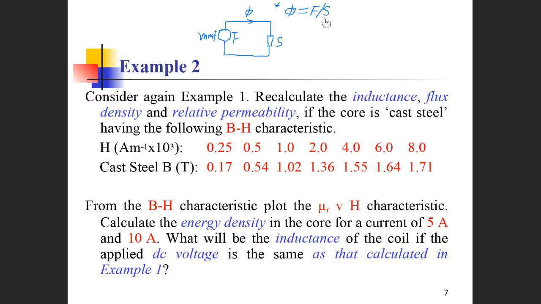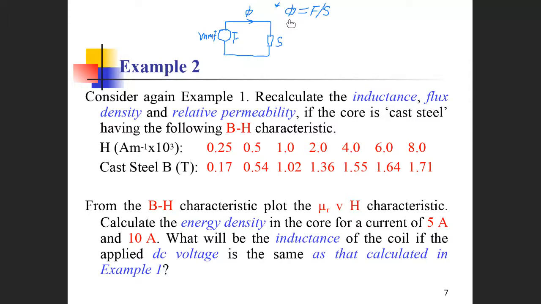So all the laws applicable to the DC circuit are applicable to it. That is, where you have two magnetomotive forces in series, it is just like voltage in series. Where you have two flux branches in parallel, this is similar to current in parallel.